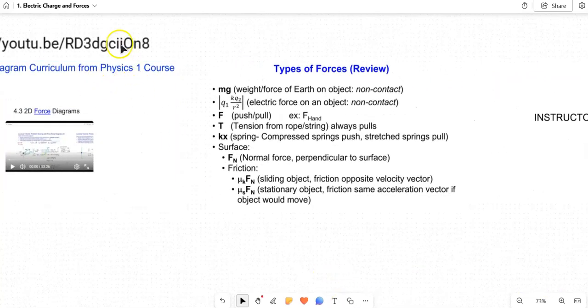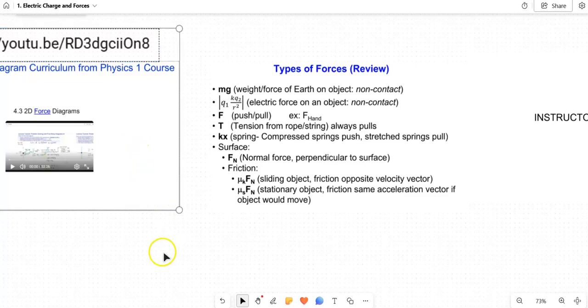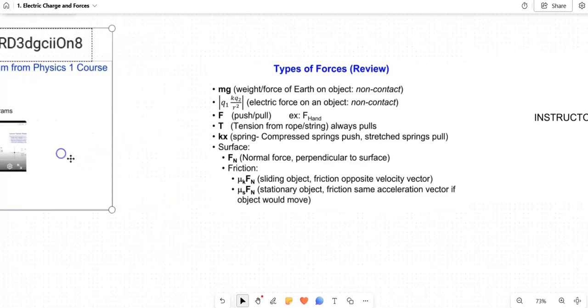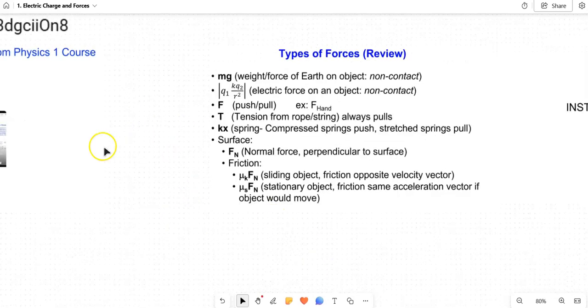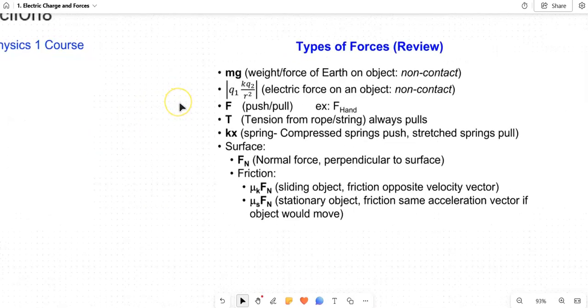Here we have all of our different forces that we're going to be working with in our course. So, just to review, these top two are now going to be called our non-contact forces.